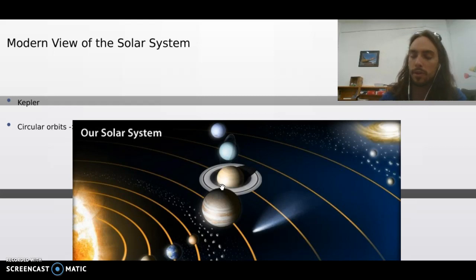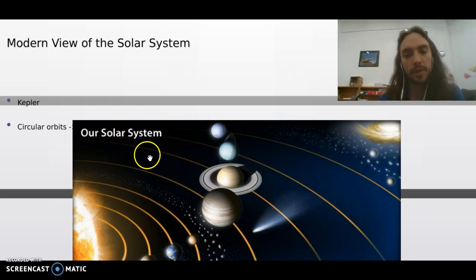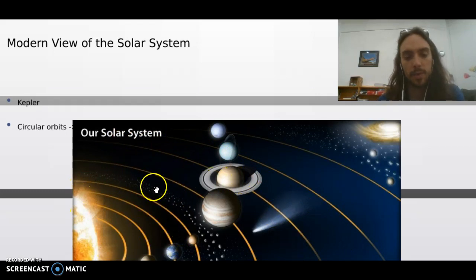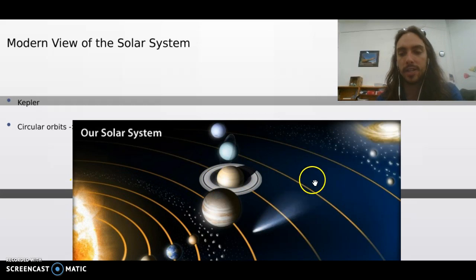What's important to know about our orbits is they're not completely circular. It looks nice and pretty with these lines, but it's more of an ovular shape, like an ellipse. It's an elliptical orbit is what we call it. So it changes a little bit. It's not completely perfect.